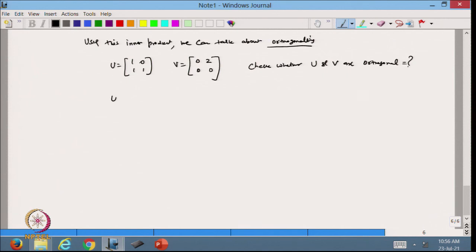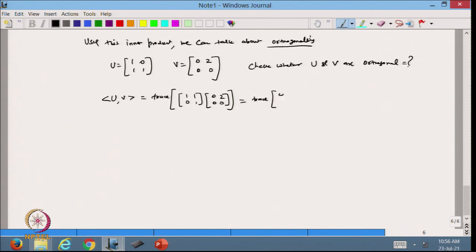So what do we do? I will take the inner product. In taking the inner product, I will take the trace of the matrix. So U transpose is 1 0 1 1 and V will be 0 2 0 0. I take the product and then I will take the trace.